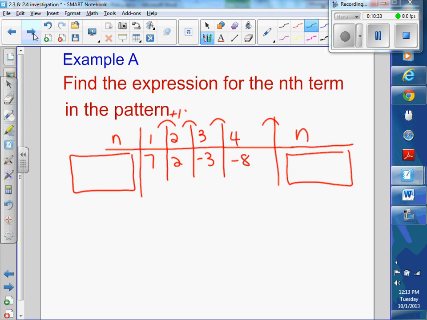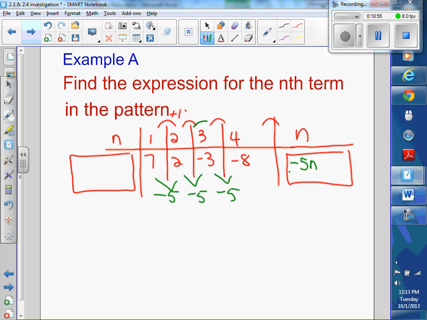So, Connor, what do you see here? So it goes down by 5. It goes down by 5. So check it. Okay. So what do we know here? It's -5. It's -5 what? n. But we have to make an adjustment.